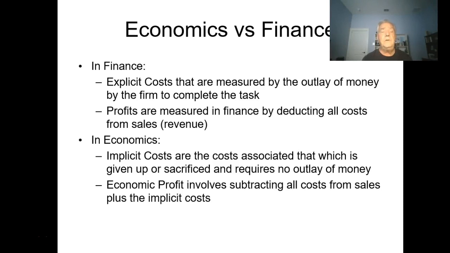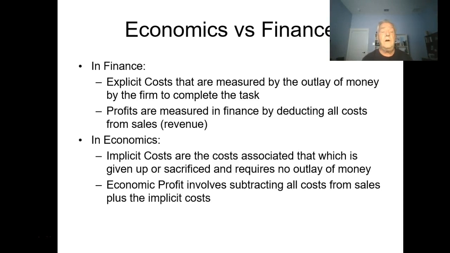So if we talk about implicit costs, what we've given up may or may not result in an outlay of money. Let's talk about a person who decides to leave his job and go into business of his own, start his own business, maybe a donut shop, it could be a little store, it could be a home-based business, whatever.